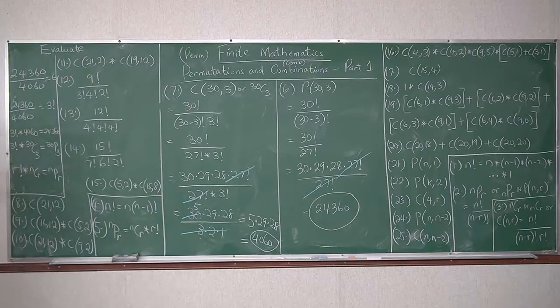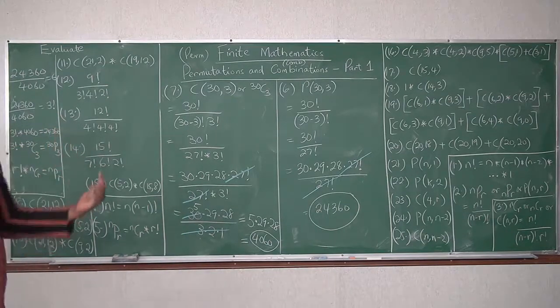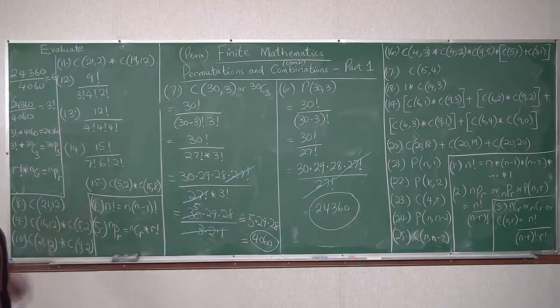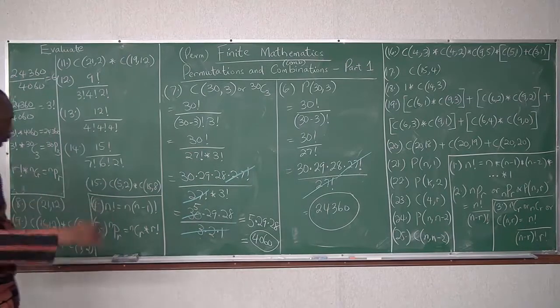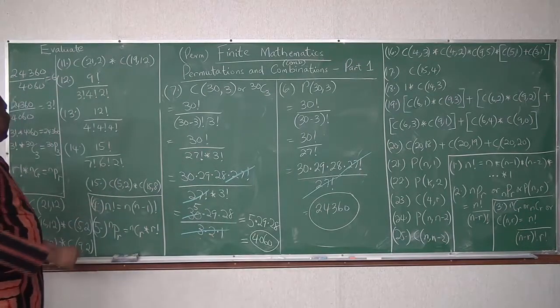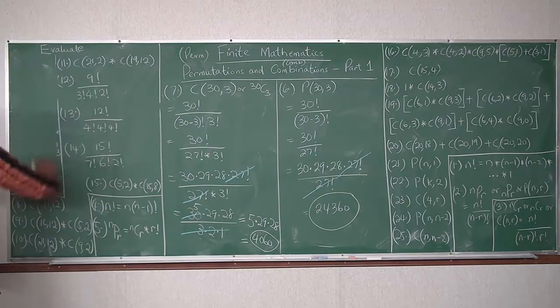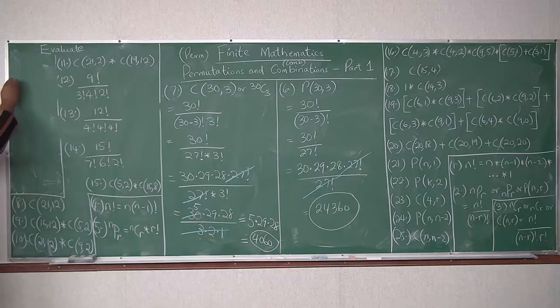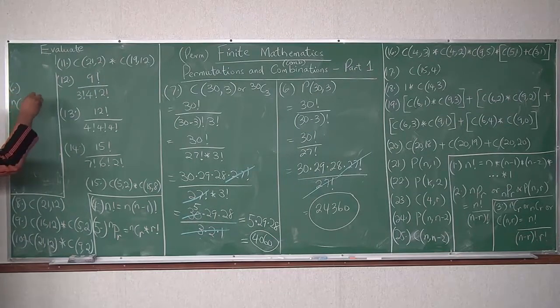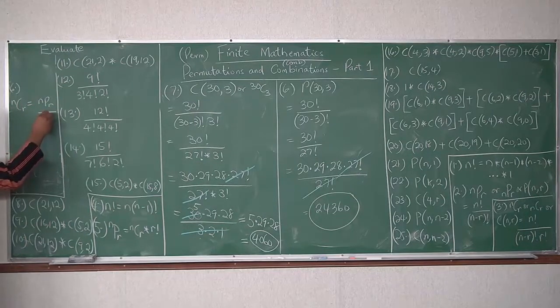Just know that. Or you can say n combination r is equal to n permutation r divided by r factorial, if you want. We can also write that, just an extension from 5. If we say 6 here, you can say also that n combination r is equal to n permutation r over r factorial.